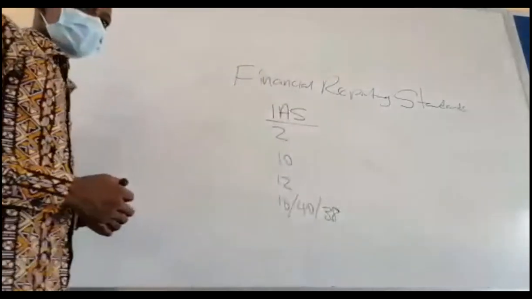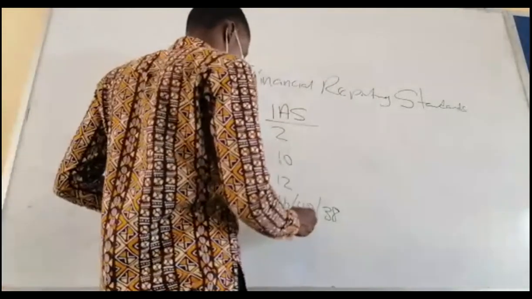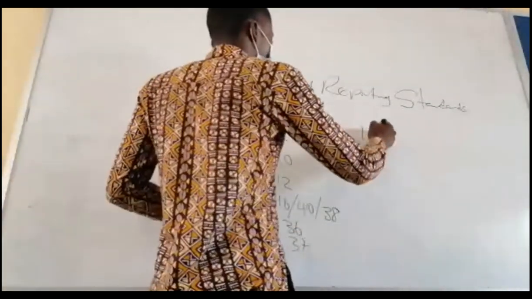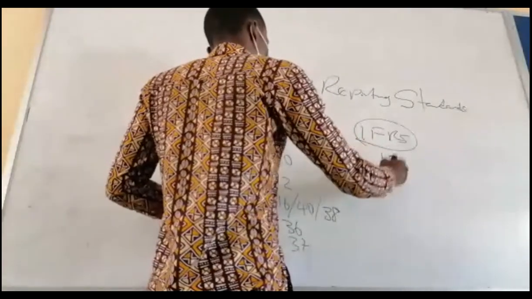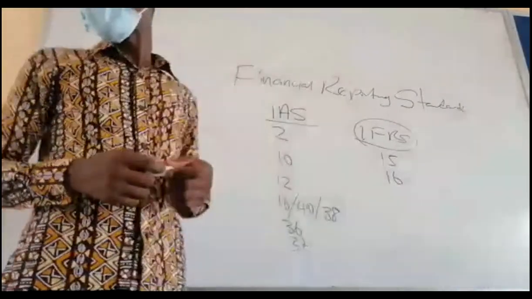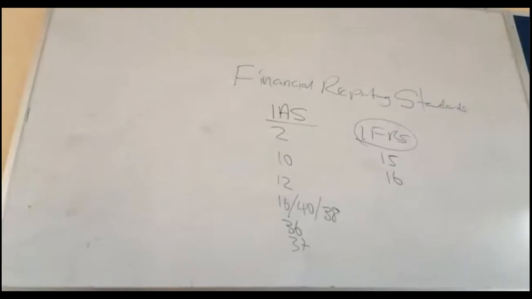They are in the same category. Then we look at 36, 37. Then the IFRSs: you have to look at IFRS 2, 15, and 16. So these are the sections that we have to look out for.